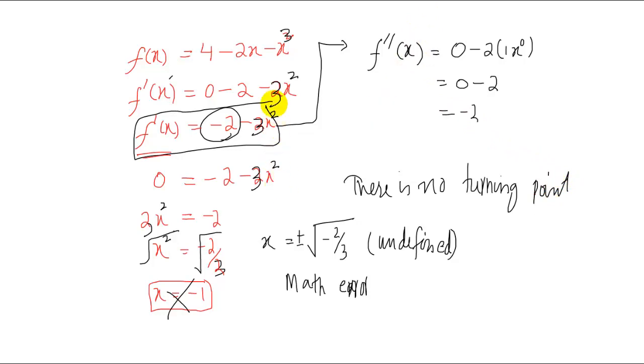When there is no turning point, there is no need to find the second derivative, because why should we find the nature of a turning point that does not exist? There is no need to find whether the turning point is maximum, minimum, or what. So no turning point, so we will stop over here. No need to find the second derivative.